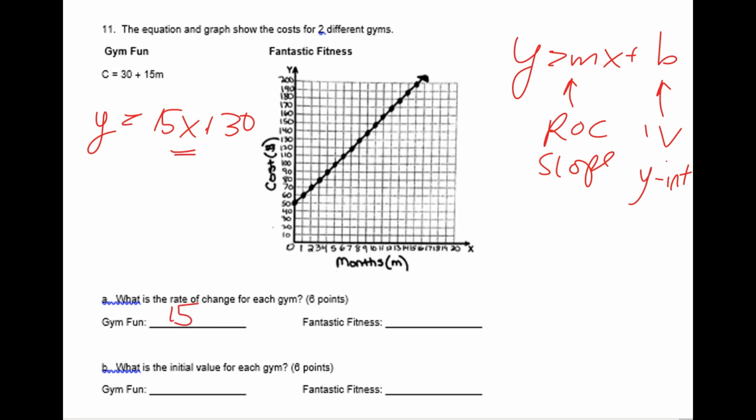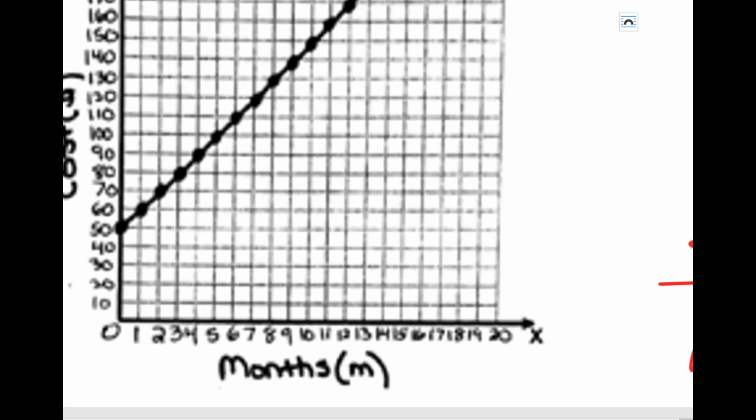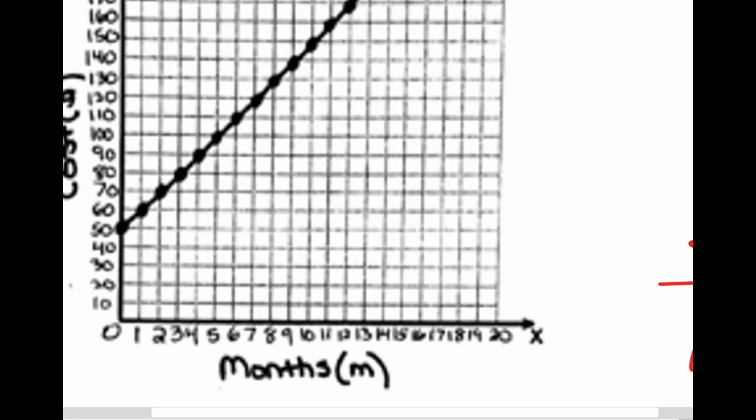And then for Fantastic Fitness, we're going to do rise over run for the slope. I'm writing this over here. I want you to see it. And I'm going to blow this up because I want y'all to see what I'm looking at. So this is at 50, and if I go up there and over, this is not going up by 1.